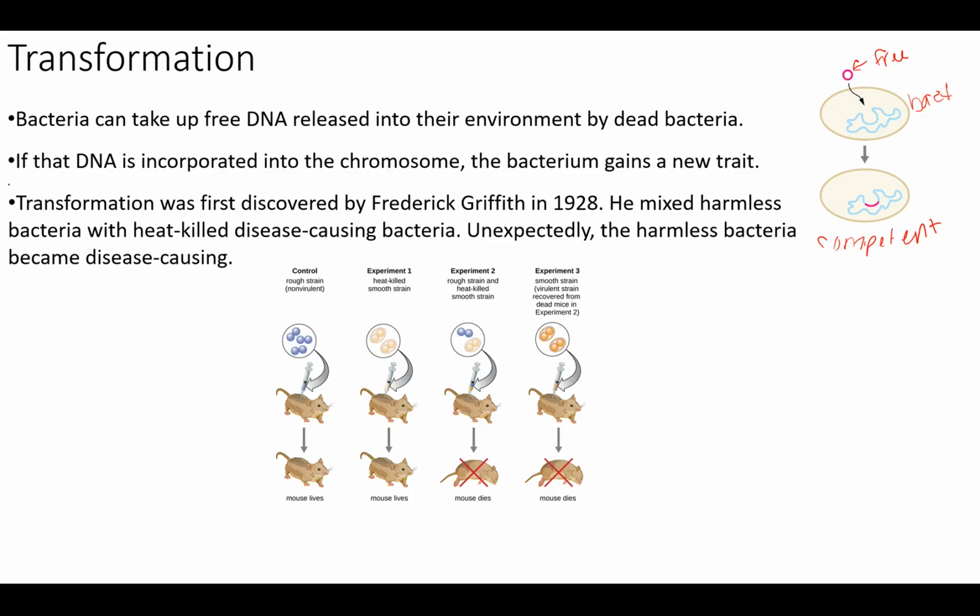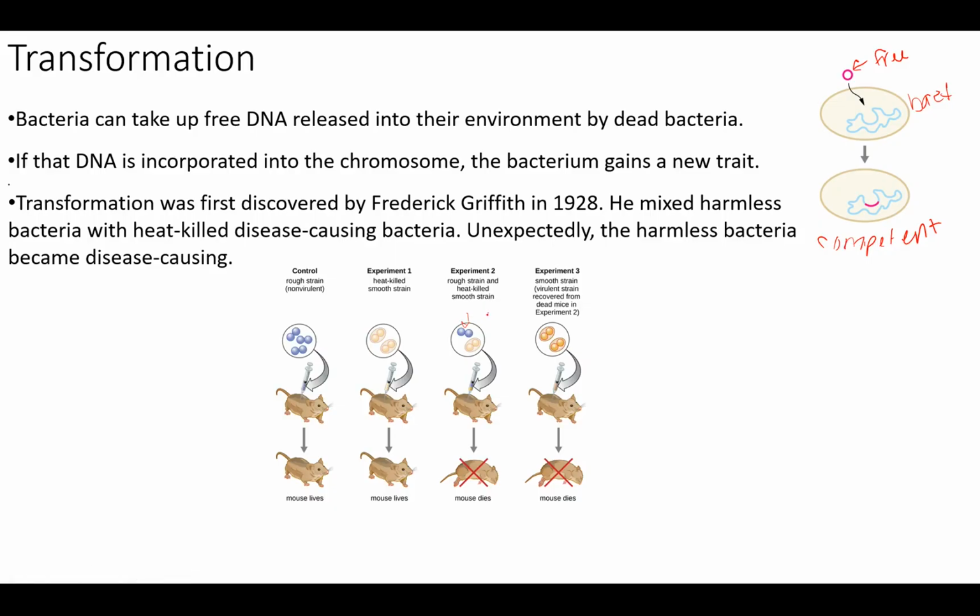Okay, here comes the interesting part. Griffith took the rough strain, the R strain, the blue ones here, that are known to not kill the mice, as we saw in the control experiment.